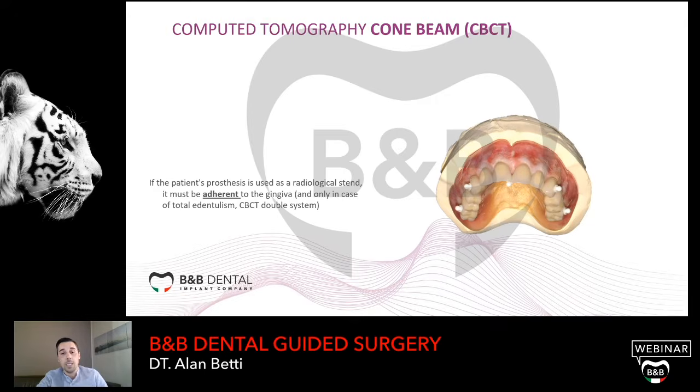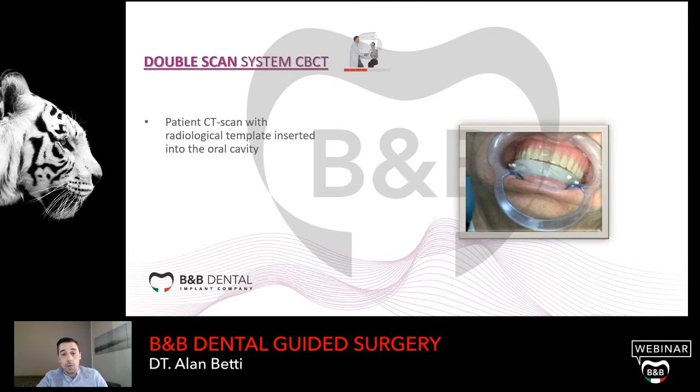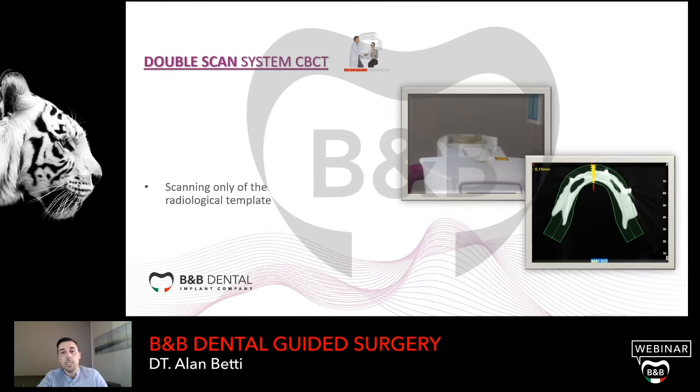If the patient doesn't have any teeth in his mouth, you can perform the double CBCT system. Double CBCT is a double acquisition. The first one is the CBCT on the patient with the radiological template in his mouth in the proper position, and the second acquisition is just the radiological template.